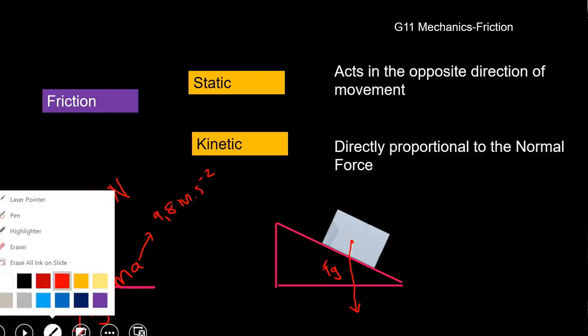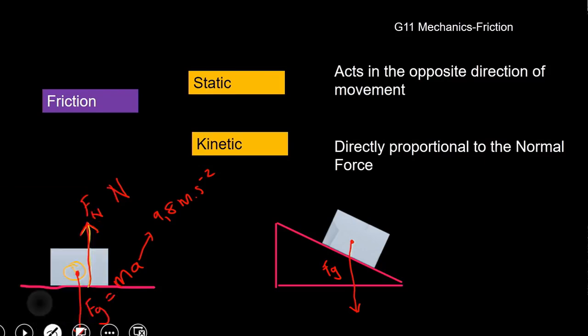If we break this up into its components, we're going to have a force, let's just say it is moving down the slope, like that, which we call F parallel. It is parallel to the surface. And we have a force like that, which we call F perpendicular.